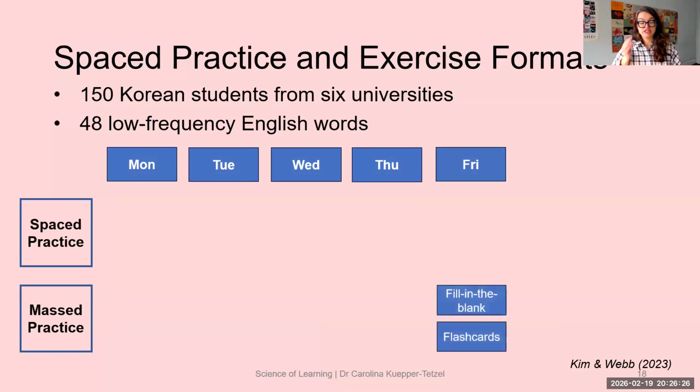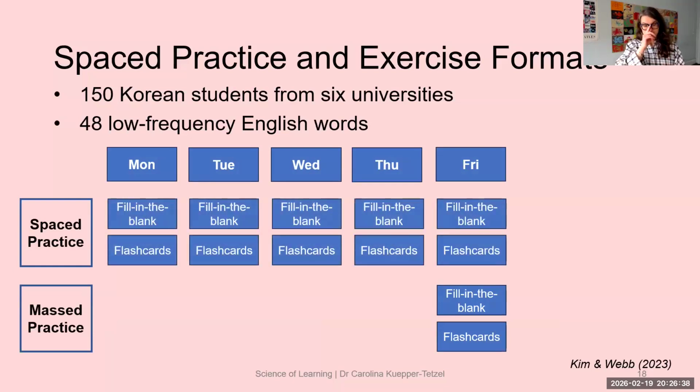And in the math condition, they studied the material in a large section on that Friday. In the space practice, they had the same study time, but it was divided across all 5 days. Okay, so that was the difference between those groups.